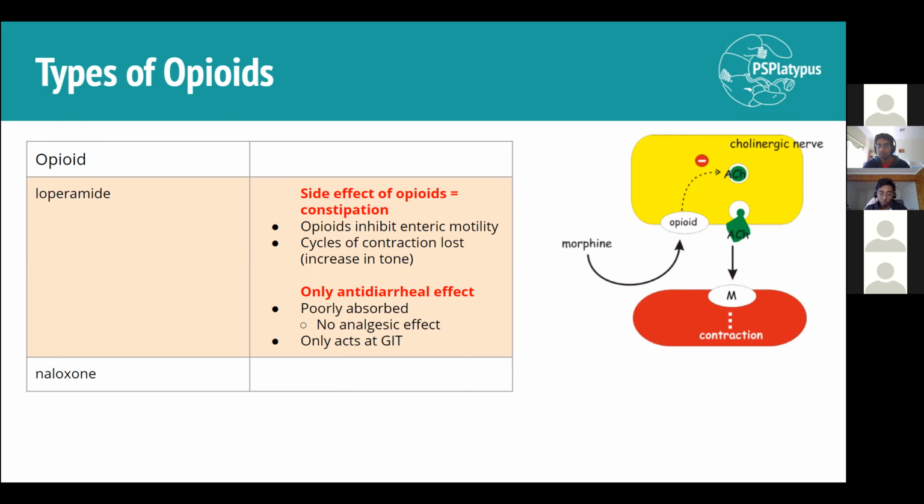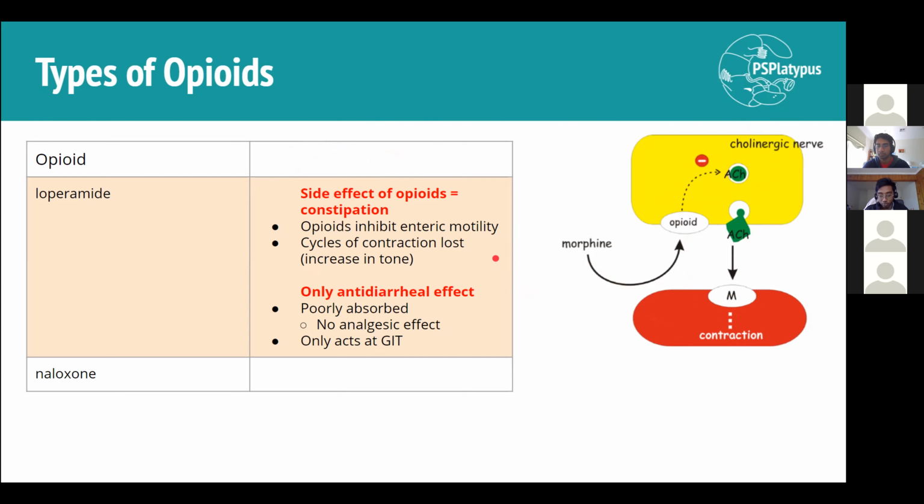The way they cause constipation is by inhibiting enteric, meaning gut, motility. How do they do that? They inhibit cholinergic nerves that are required for passing of stool, and by increasing tone, we stop the movement of stuff, and that causes constipation.